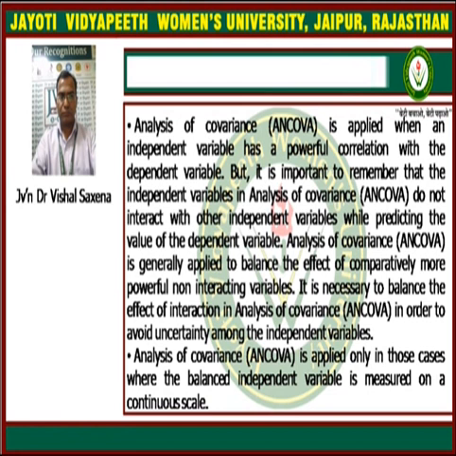It is necessary to balance the effect of interaction in analysis of covariance in order to avoid the uncertainty among the independent variables. And at the last, analysis of covariance is applied only in those cases where the balanced independent variable is measured on a continuous scale.